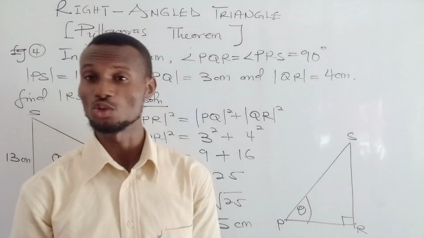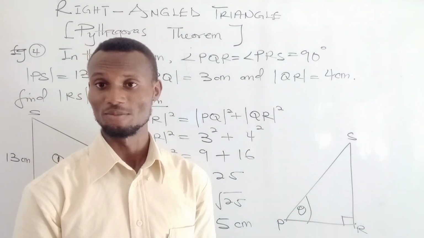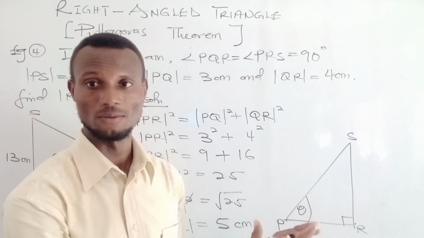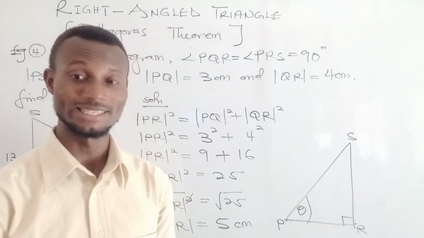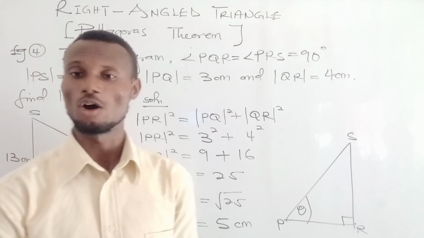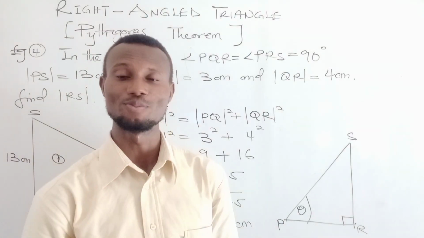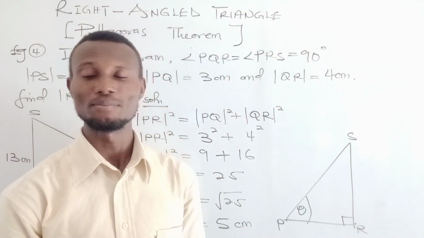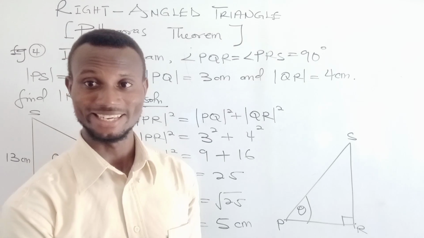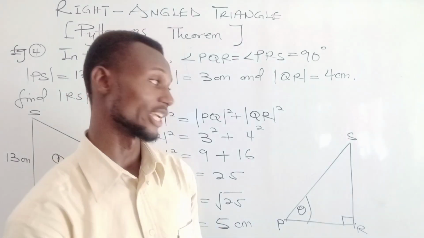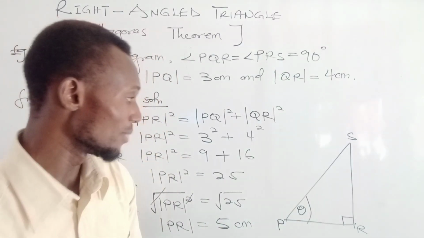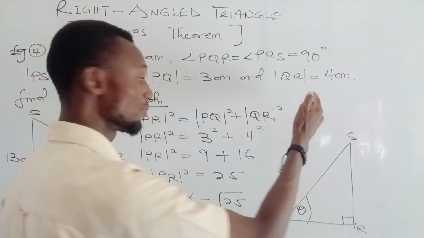So we are going to use the Pythagoras theorem formula. It says that the square of the hypotenuse should be equal to the sum of the squares of the adjacent and the opposite. Let me write it down up here so that you see.